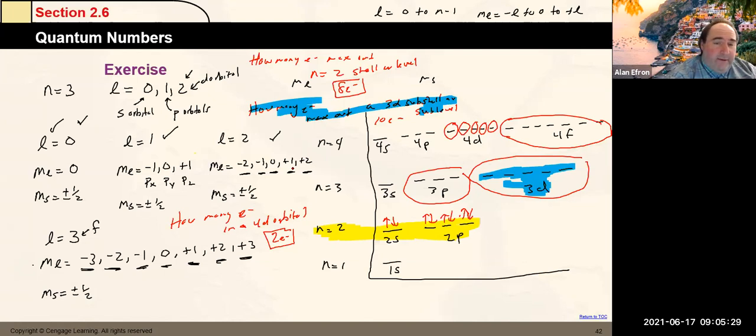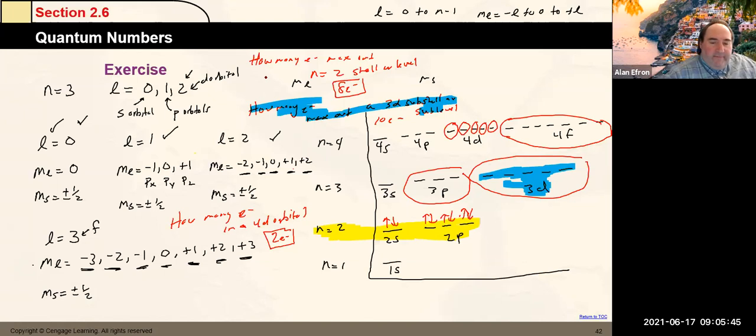Now you may be wondering, since n could go to, for example, 7, what happens after we get to the ones we're familiar with, the s's, the p's, the d's, the f's.